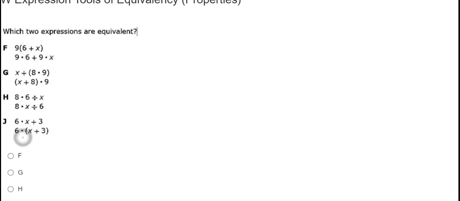Here we have 6 times x, and it's multiplying everything in there, 6 times 3. So these are not going to be equal. And if you look at F, the distributive property says 6 times 9 and 6 times x, and you have both of those there, and then you're going to add them.